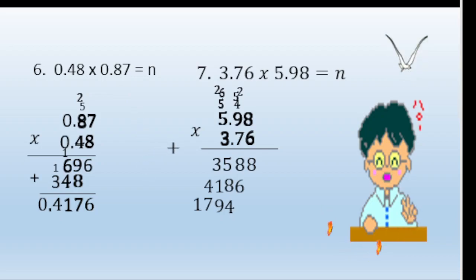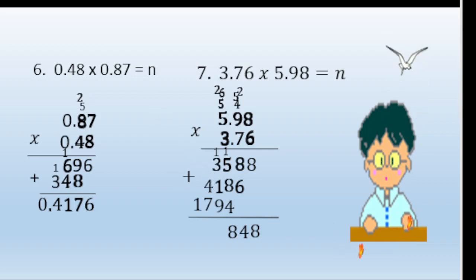Then add. So you have to bring down 8, and then 8 plus 6 is 14, carry 1, plus 5 is 6, plus 8 is 14, plus 4 is 18, carry 1, plus 3 is 4, plus 1 is 5, plus 9 is 14, carry 1, plus 4 is 5, plus 7 is 12, carry 1, plus 1 is 2.